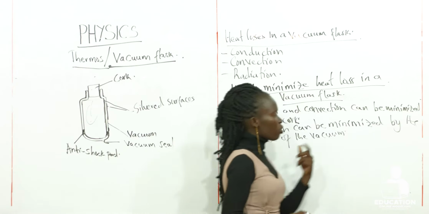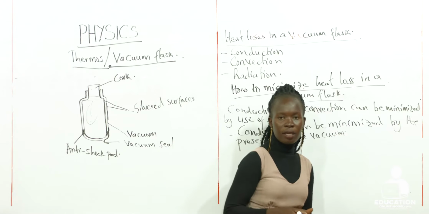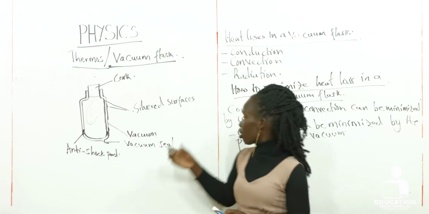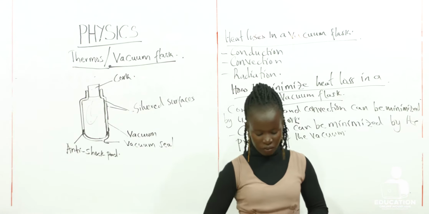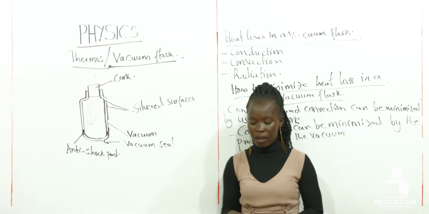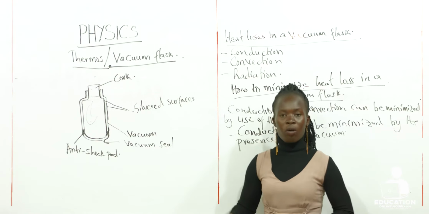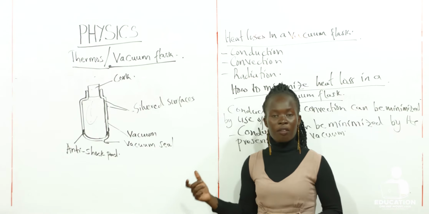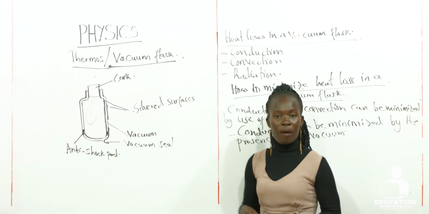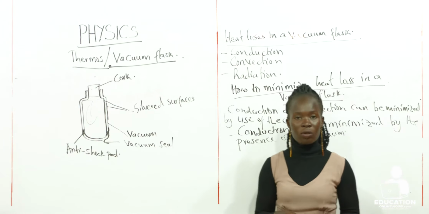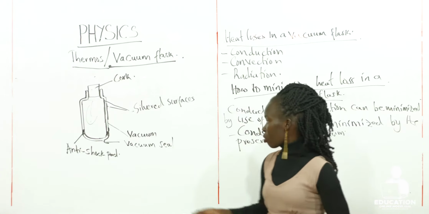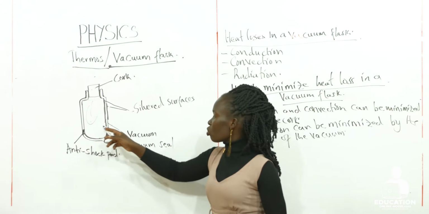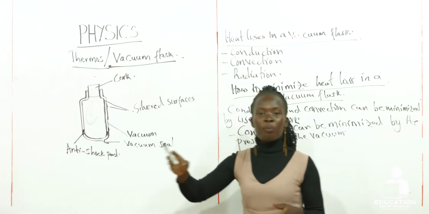We've been talking about conduction and convection only. What of radiation? Is there no heat transfer that can occur here by radiation? There would be loss of heat from this liquid by radiation. But how can we minimize it also? To minimize the effect of radiation, you see that these two containers have been polished.